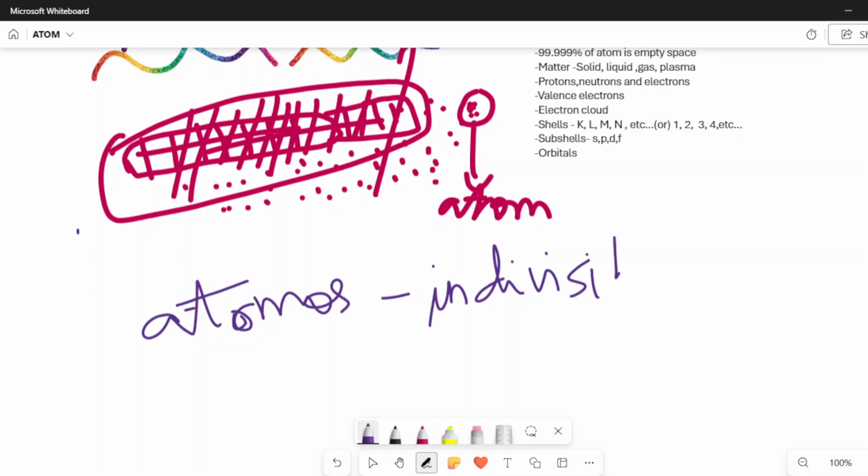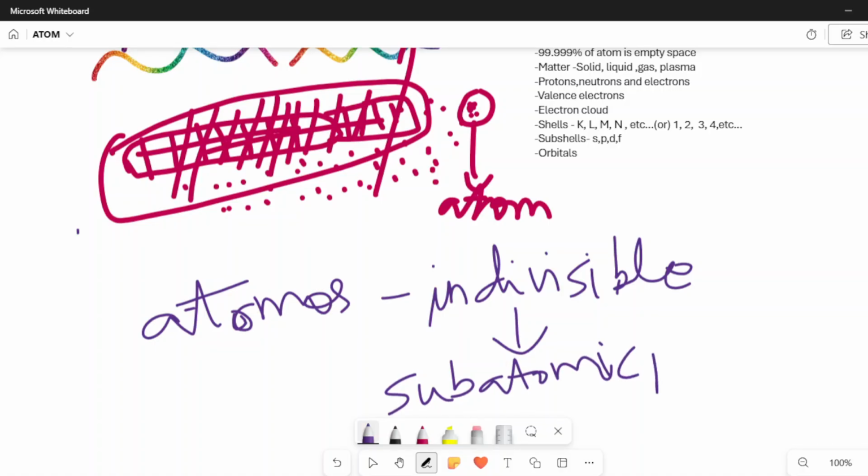So it cannot be divided further into smaller pieces. But later on, they found even the atom can be divided into more smaller pieces, the subatomic particles. They started calling them further smaller particles.